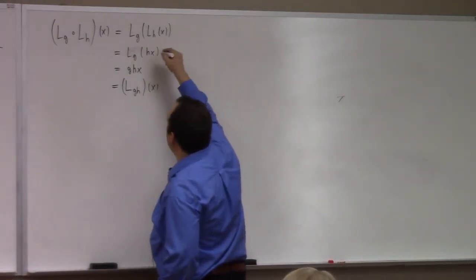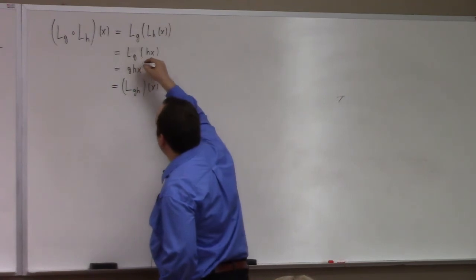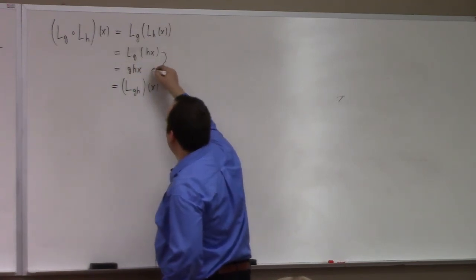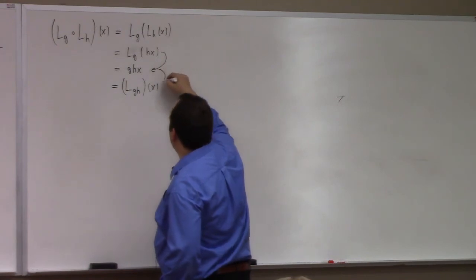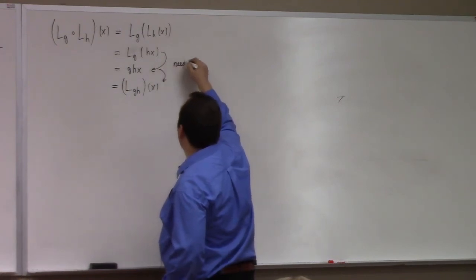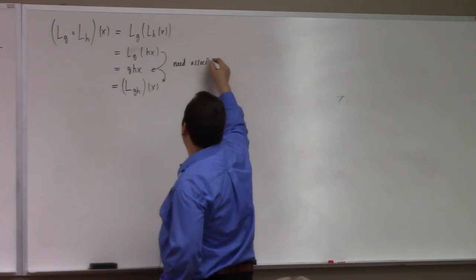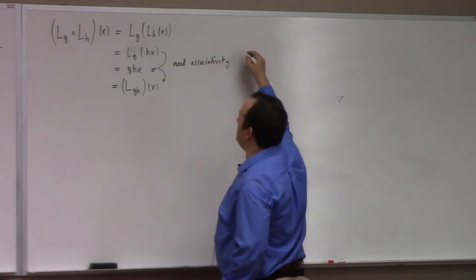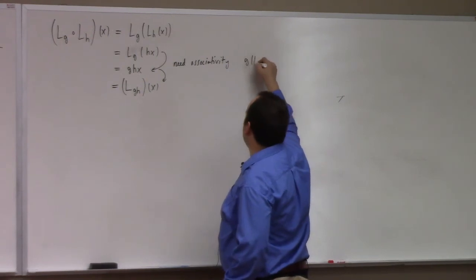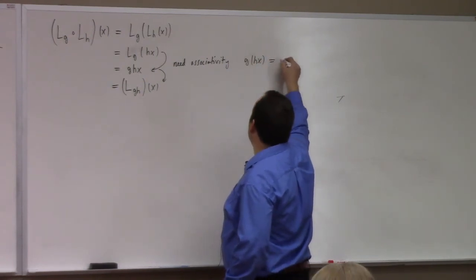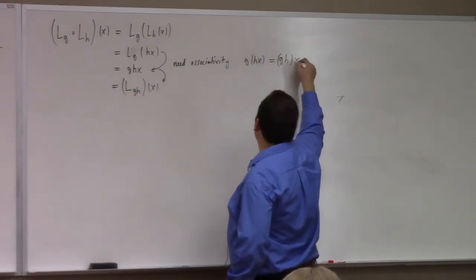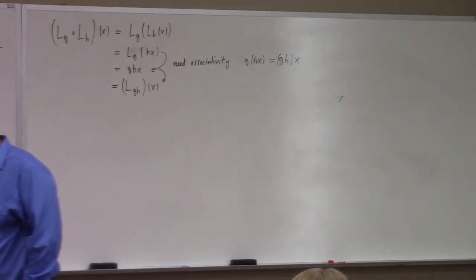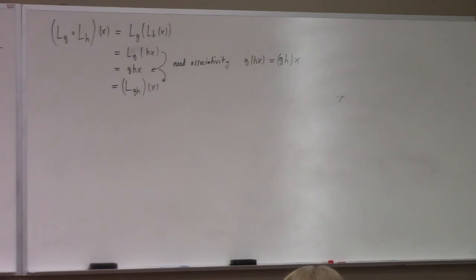Now, to be clear, to really get from here to here, we need associativity. Because if you think about it logically, on the one hand we've got ghx, and then I have to rewrite it as gh times x, right? So associativity is mission critical right there in order to make that last step.